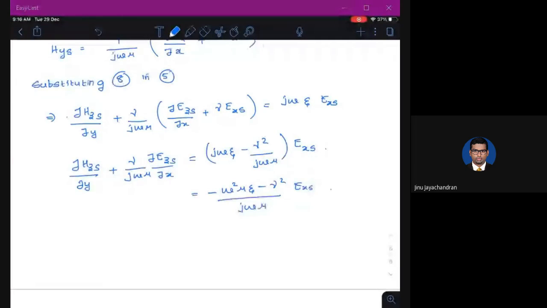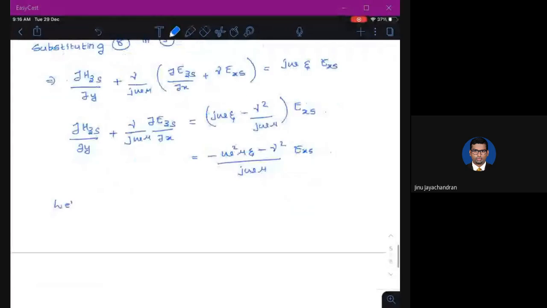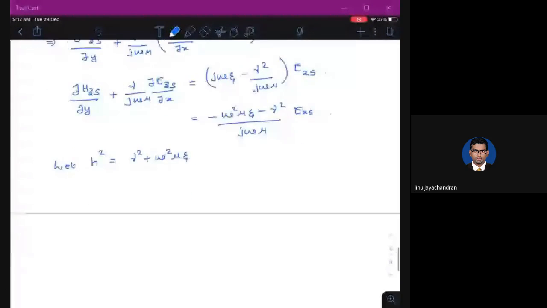Now let h² be equal to γ² + ω²με. This implies I can write ∂Hzs/∂y + (γ/jωμ) ∂Ezs/∂x is equal to −h²/jωμ times Exs.